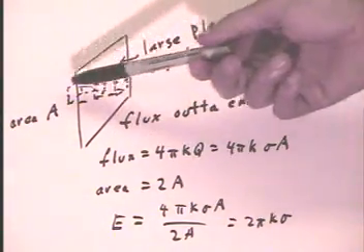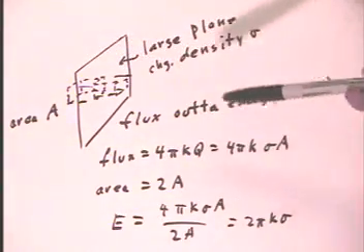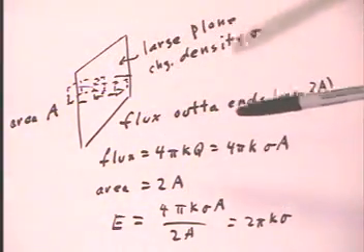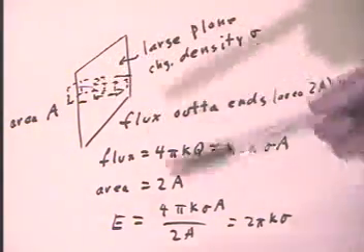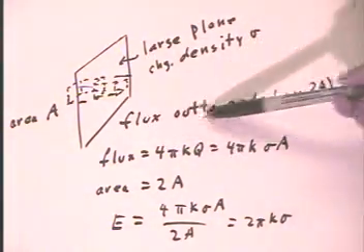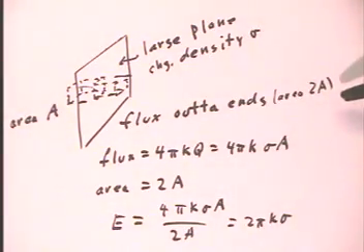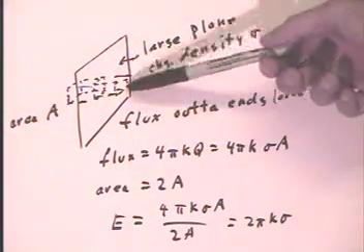The ends also each have area A. By the symmetry of the situation, the only direction that the field can have is directly away from or directly toward the plane, so the flux comes out of the ends of the box.